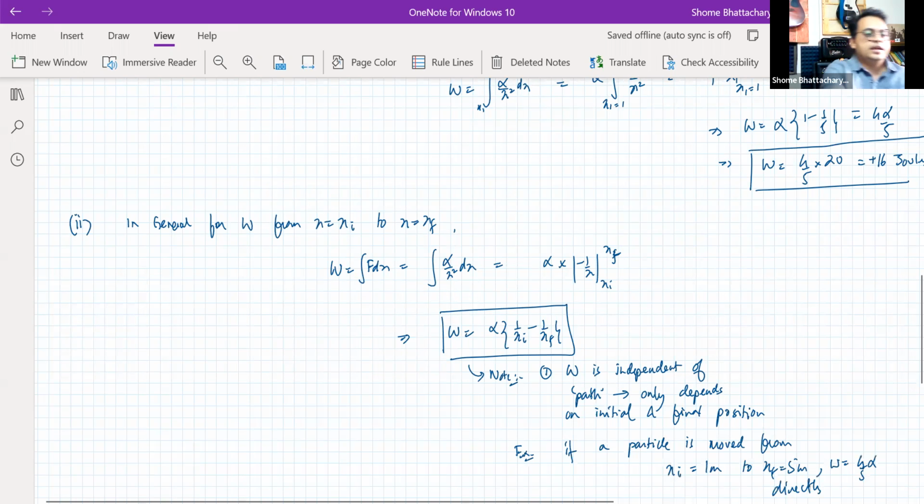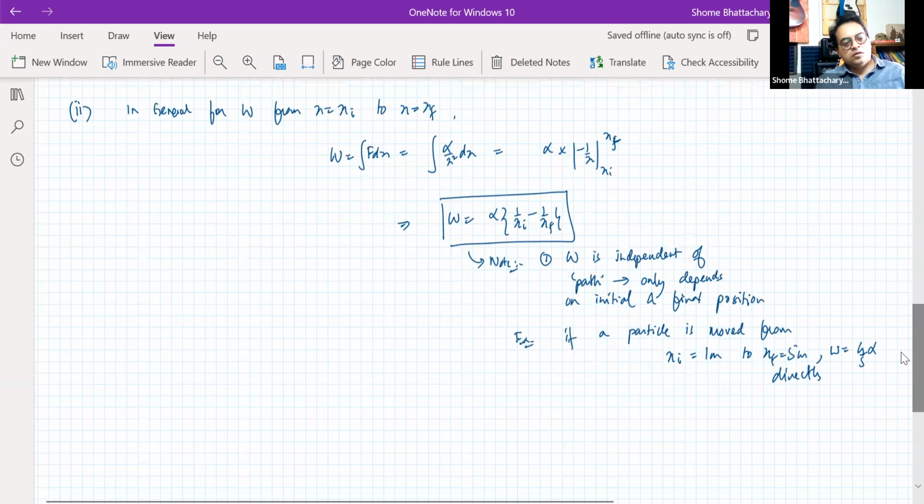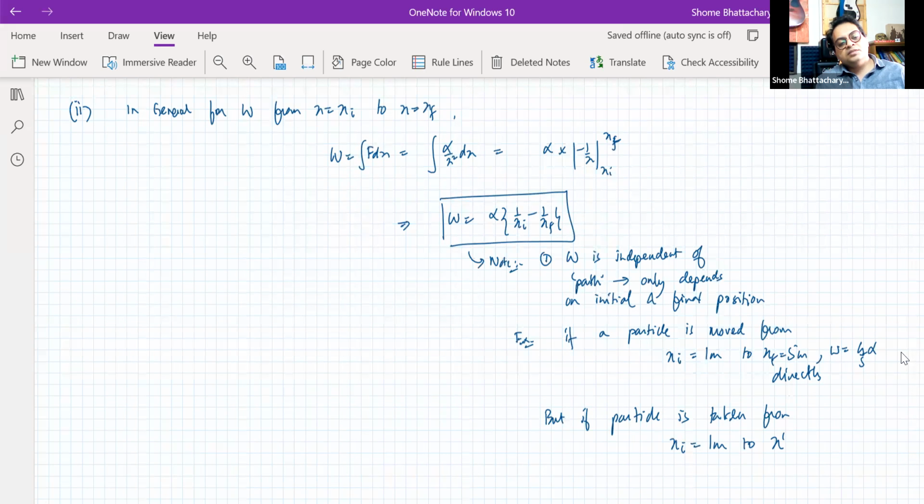Okay. But on the other hand, suppose the particle was taken from 1 to 5 but by a different route. If the particle is taken from an initial value of 1 meter to an in-between value of, let's say, x prime equal to 10 meters, and then from x prime equal to 10 meters to the final position equal to 5 meters, what about the total work done?